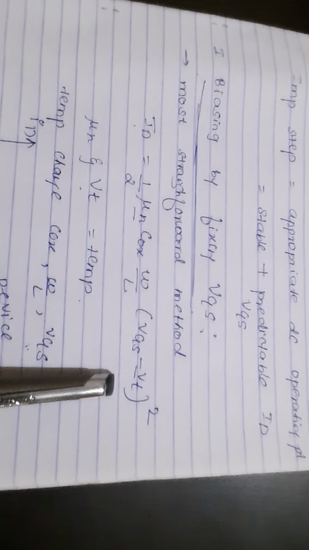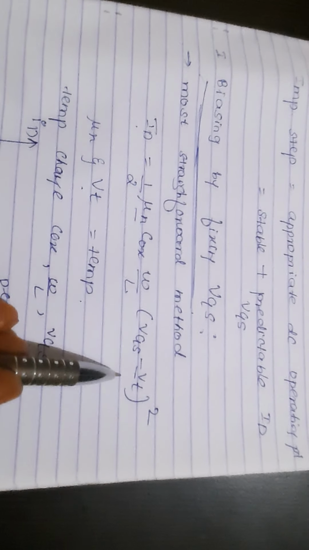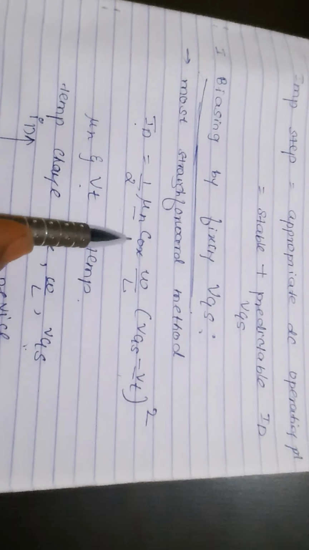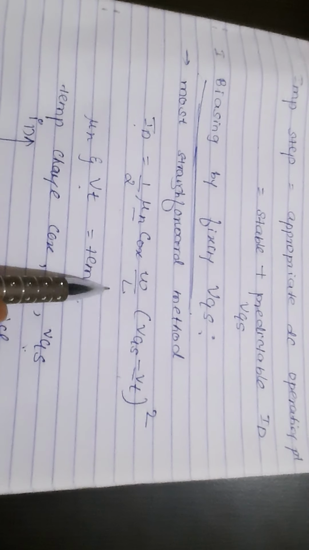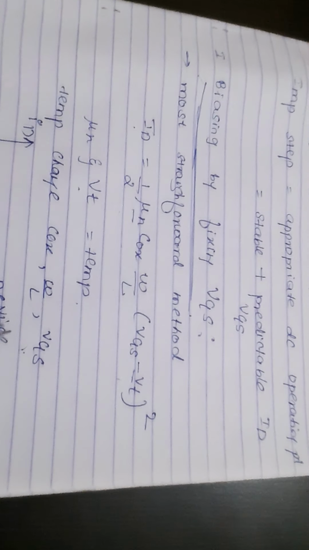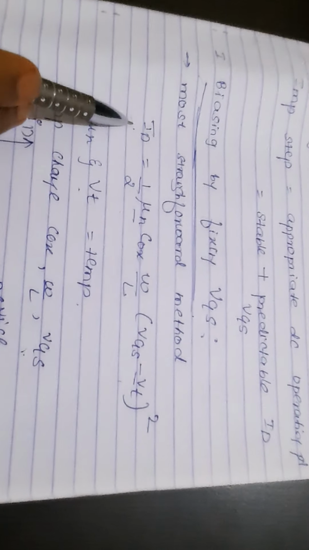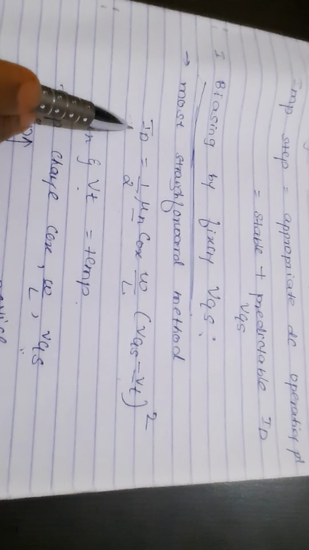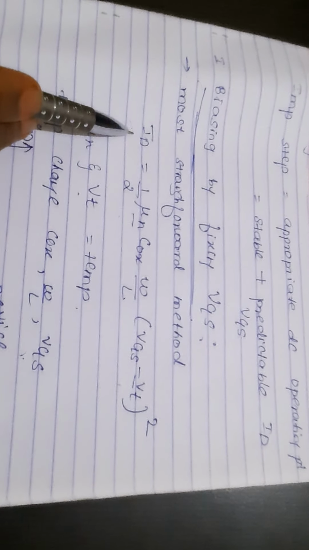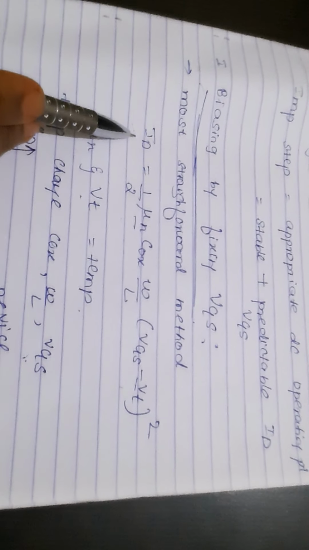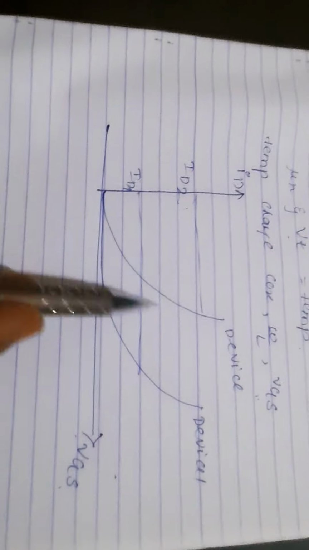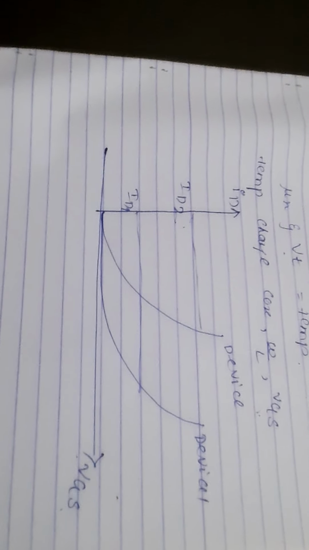As the temperature changes, the values of mu n and Vt change, and in turn COX and W by L also change. For one temperature the drain current will be different, for another temperature it will be different, and for a third temperature it will be different. A wide range of drain current will result, because of this the method is not suitable.